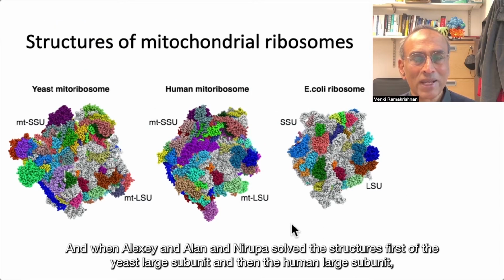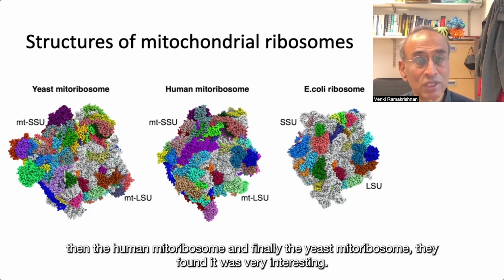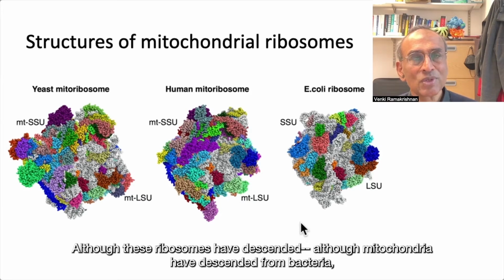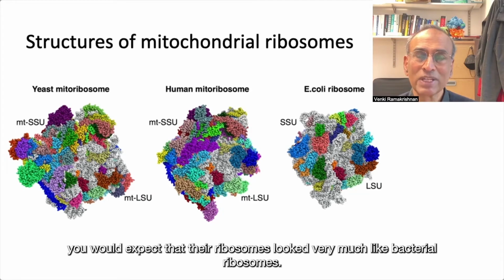And when Alexei and Alan and Nirupa solved the structures, first of the yeast large subunit, and then the human large subunit, then the human mitoribosome, and finally the yeast mitoribosome, they found it was very interesting. Although mitochondria have descended from bacteria, you would expect that their ribosomes look very much like bacterial ribosomes.